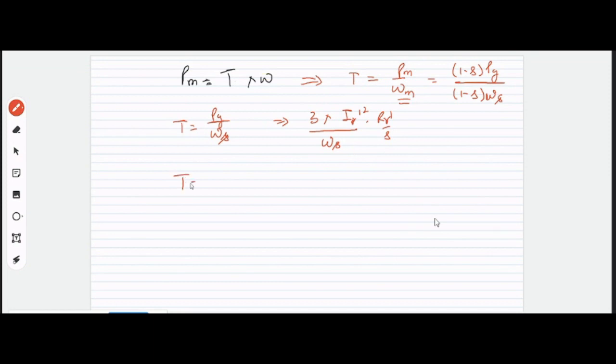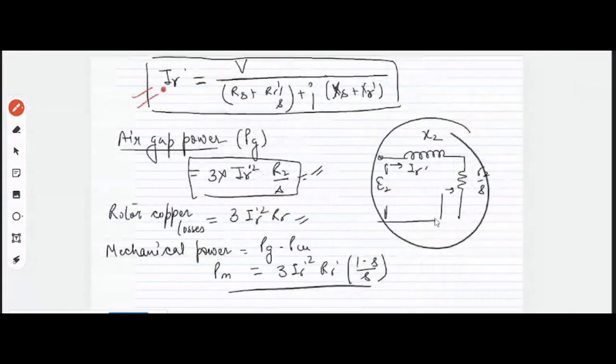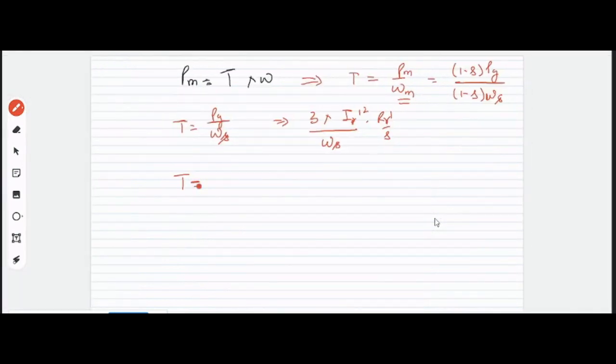So the expression of the torque, if we replace this I2' by the first value which we have derived, what will be the expression for the torque?